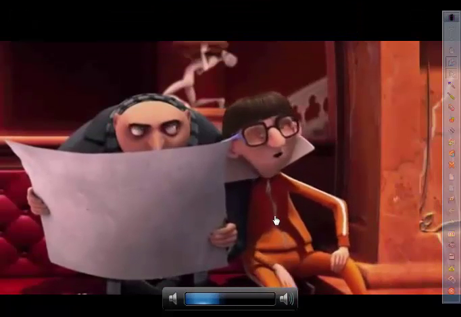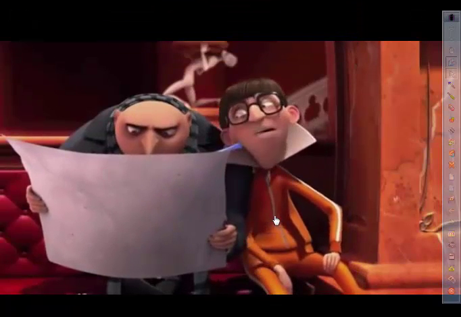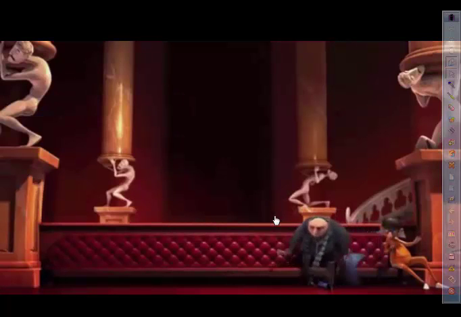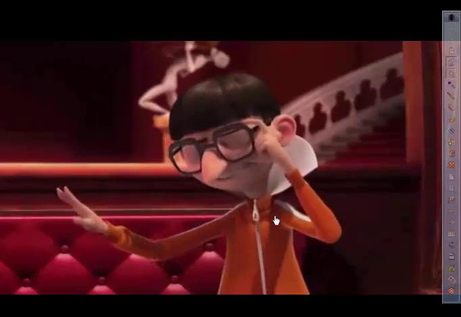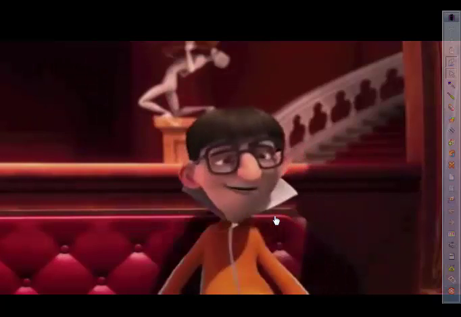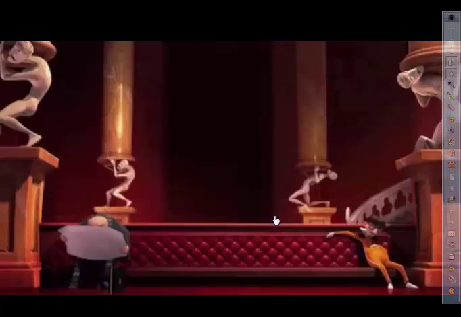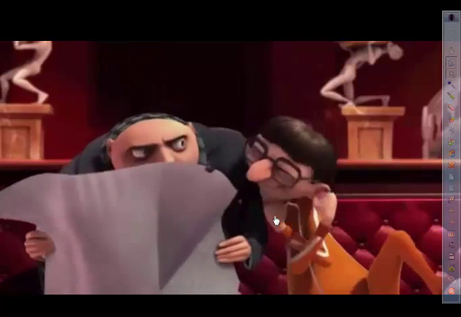I'm applying for a new film loan by the name of Vector. It's a mathematical term. Quantity represented by an arrow with both direction and magnitude. Vector!